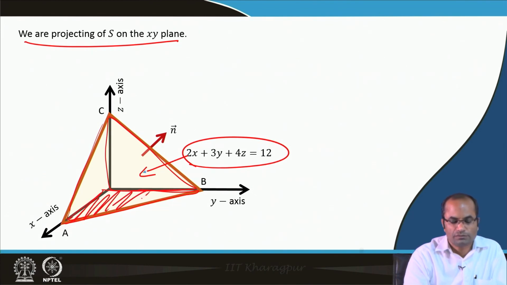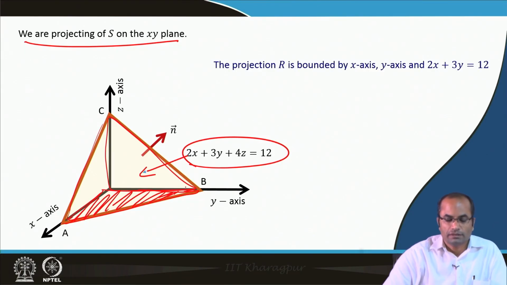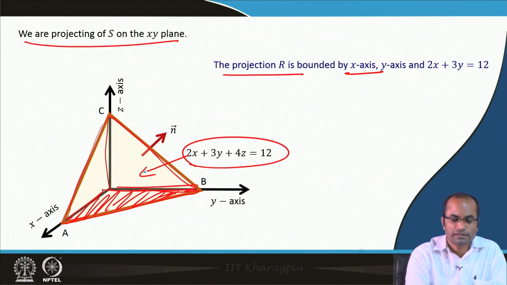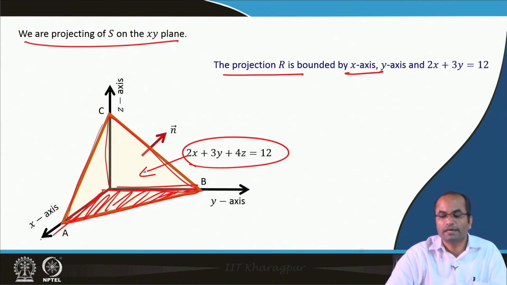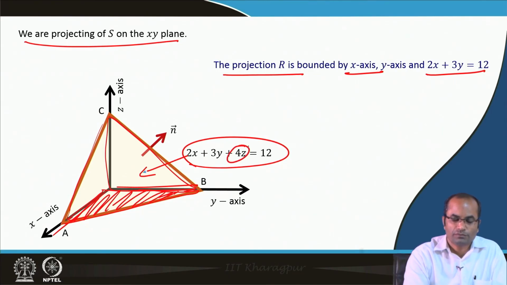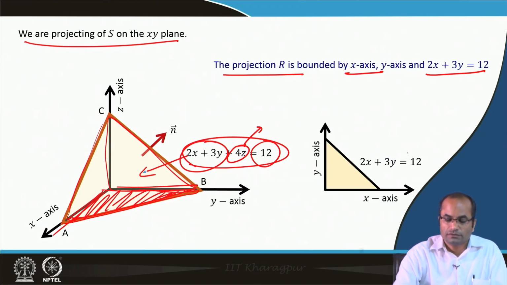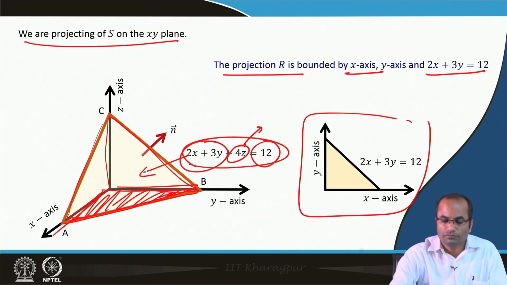As you can see, this projection is going to be a triangular shape. That means the projection R will be bounded by the x axis, bounded by the y axis, and of course from here, because we have projected already, z will become 0 there, and we have 2x plus 3y equal to 12. That will be the line here connecting the two axes.